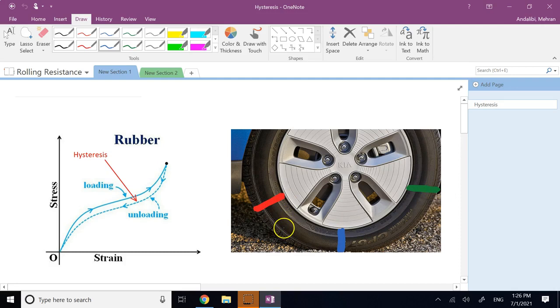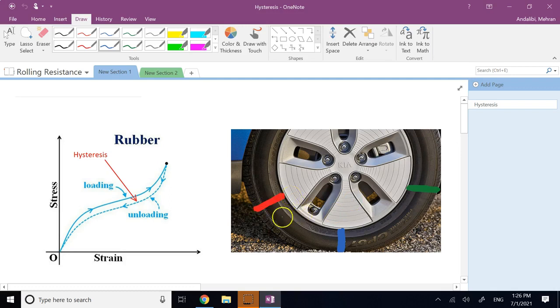If you remove your foot from the accelerator, you see your car will stop, reducing the speed. Now a portion of it is due to the air drag, okay? But that's not all of it. Even if you moved somewhere with very low air pressure, even if you drive in vacuum, you still would see that your car is going to slow down. Why is it? As I said, it's because of this rolling resistance.